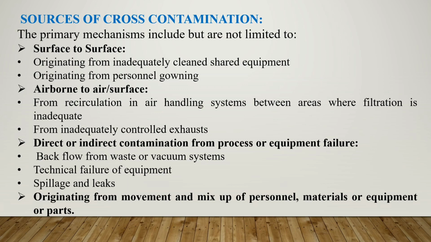This means the movement of personnel from one area to another, or movement of equipment, like dirty equipment from processing areas to the wash area. These are the originators of cross contamination, all of which are given in the PICS guideline.